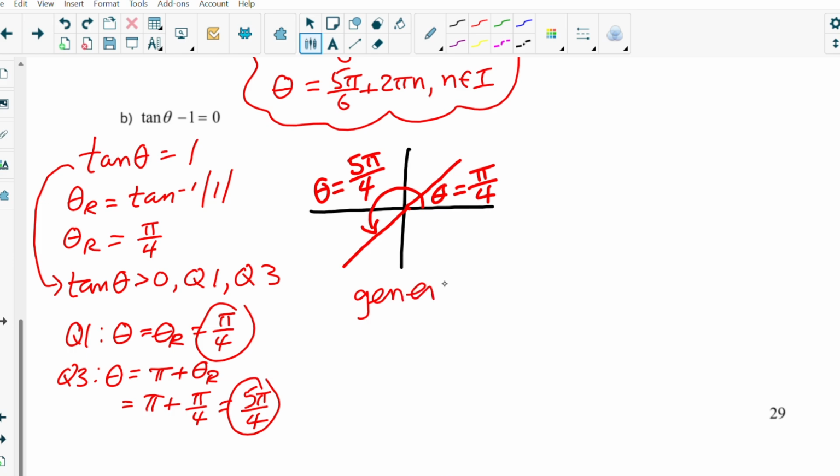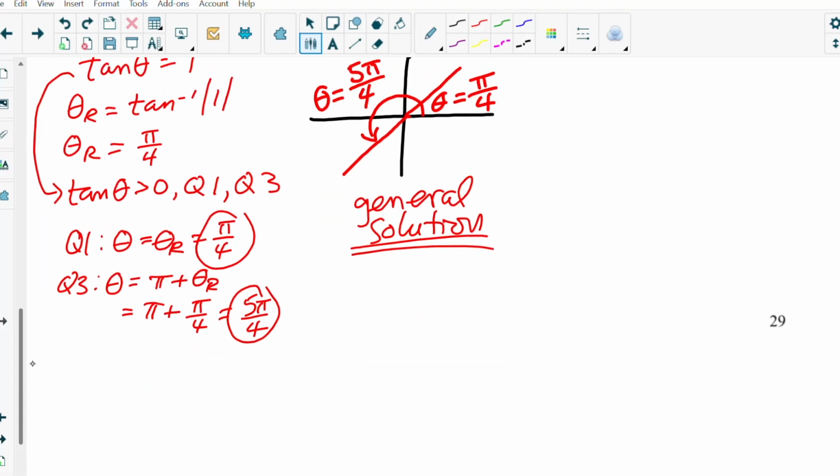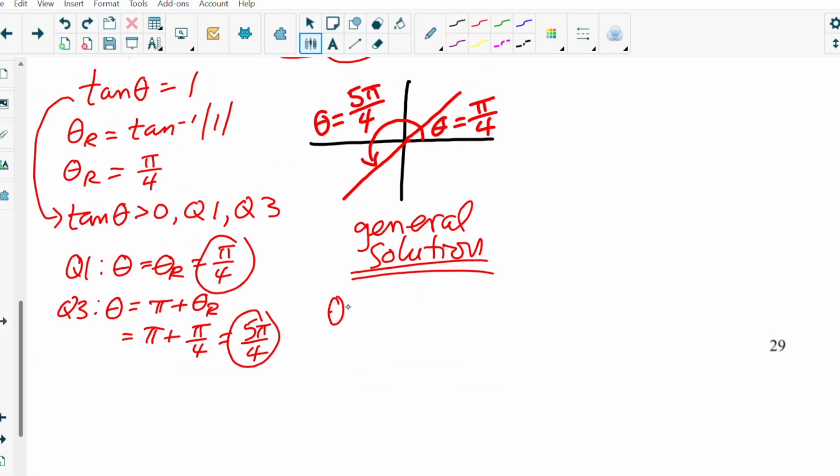So our general solution: theta equals pi over 4 plus pi n, where n is an element of all integers.